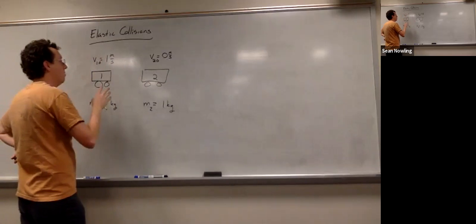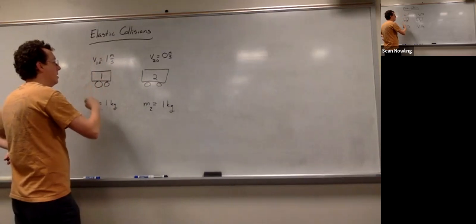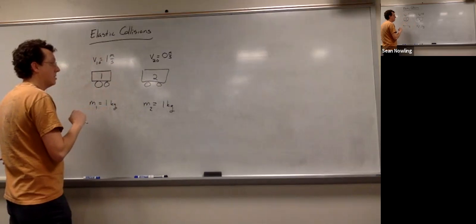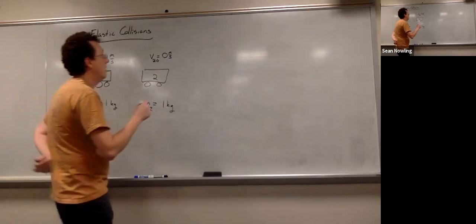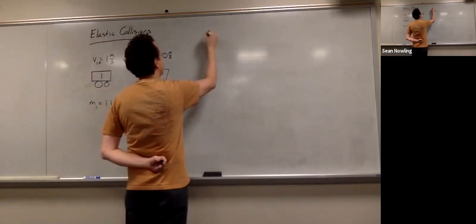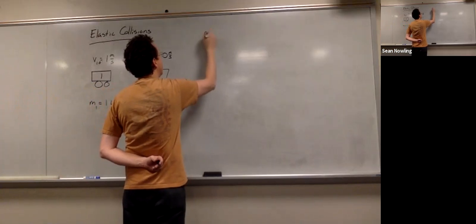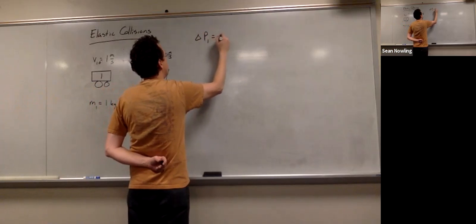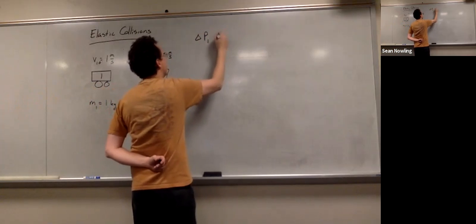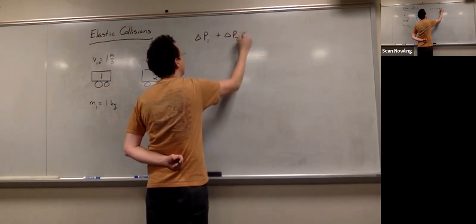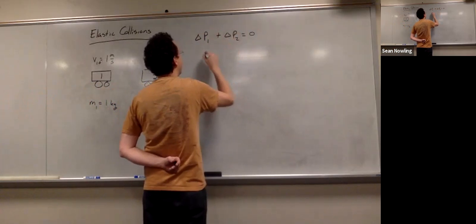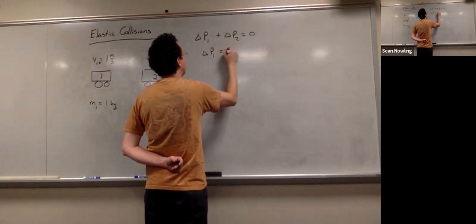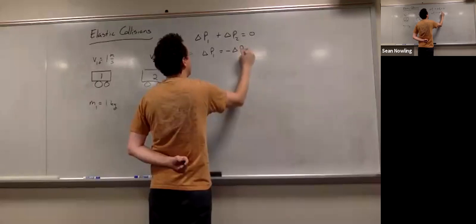If the work is 0, that means the kinetic energy of the total system is going to be conserved. So I have two equations: the change in momentum of cart 1 plus the change in momentum of cart 2 must be 0. That means the change in momentum for cart 1 equals minus the change in momentum for cart 2.